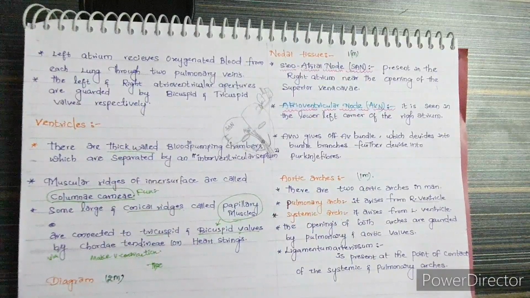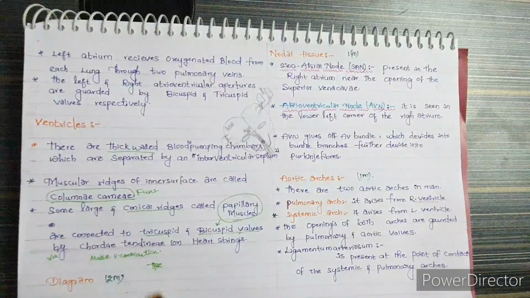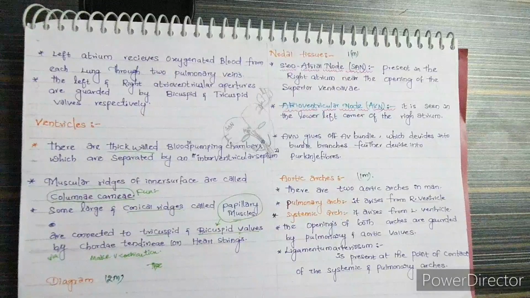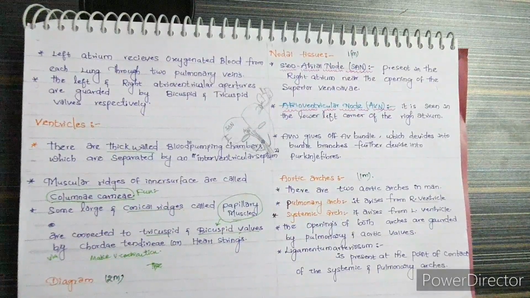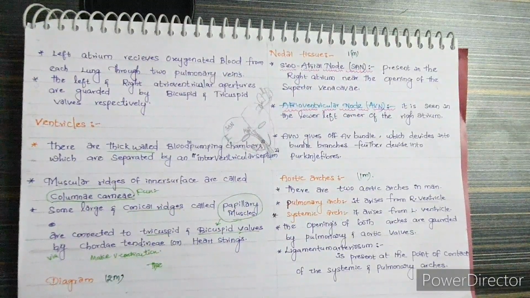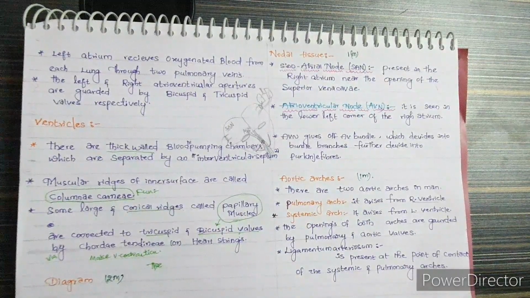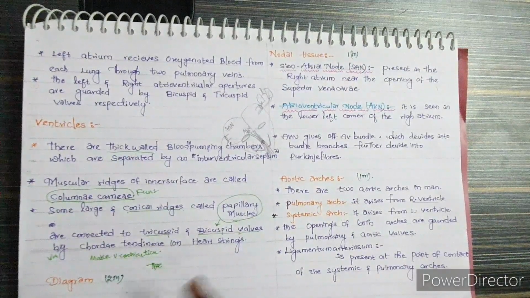When the diagram is perfect and clean, you should get 2 out of 2 marks for this diagram. If you do not draw the diagram neatly, then the paper corrector will take at least half a mark. If you lose half a mark, then you won't get 60 out of 60 in zoology. So you should observe keenly in the textbook while preparing for the exam, and draw neatly.